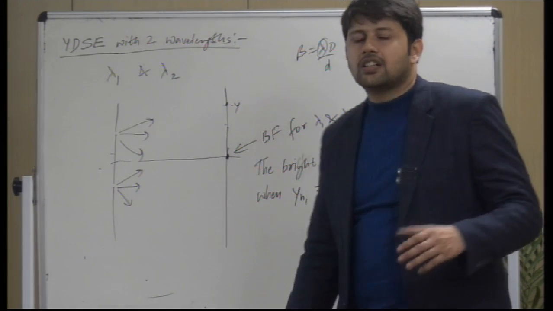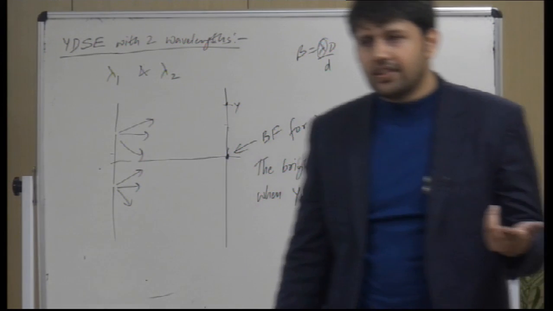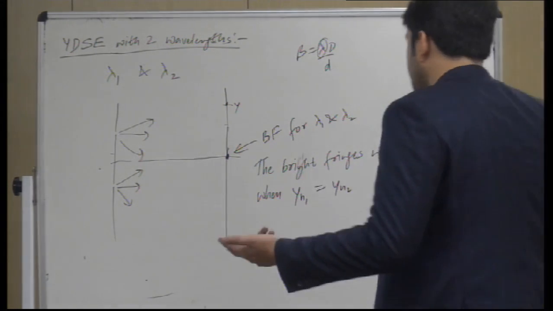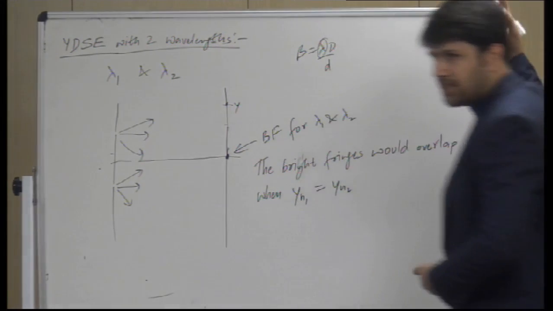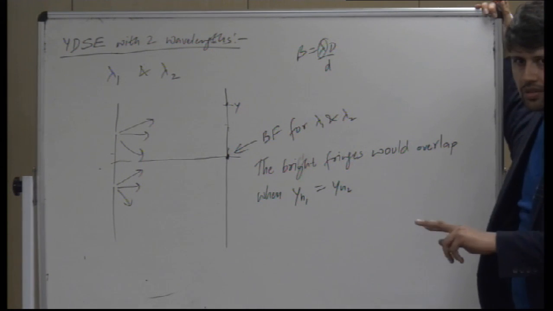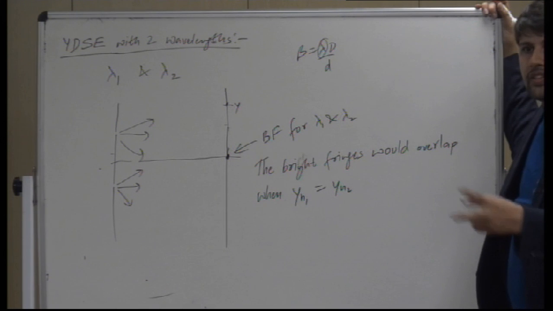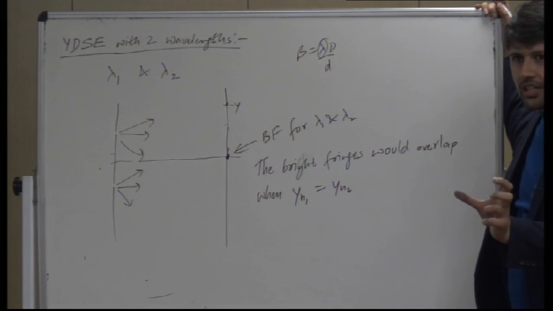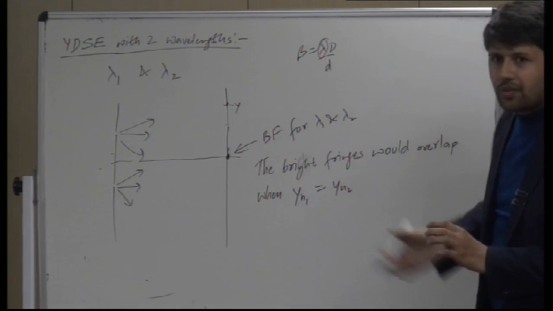Let us say the third bright fringe of the first wavelength and the seventh bright fringe of the second wavelength are overlapping. The position is the same, right? So y1 should be equal to y2, for the first and for the second. The positions are equal. The only problem would be ordering.